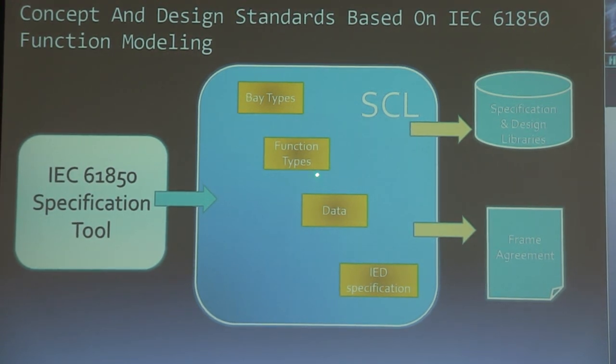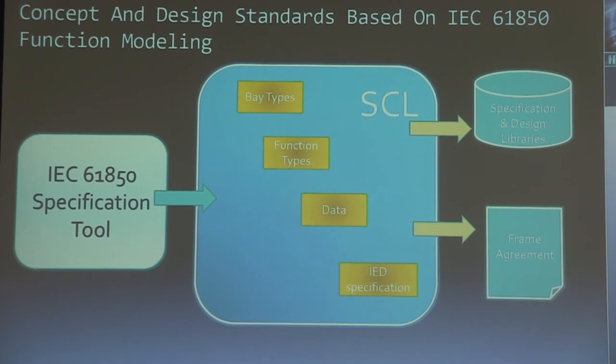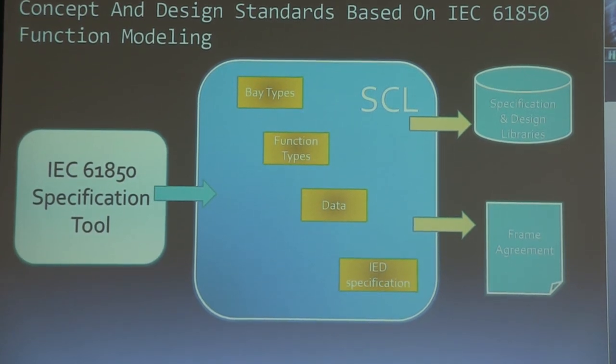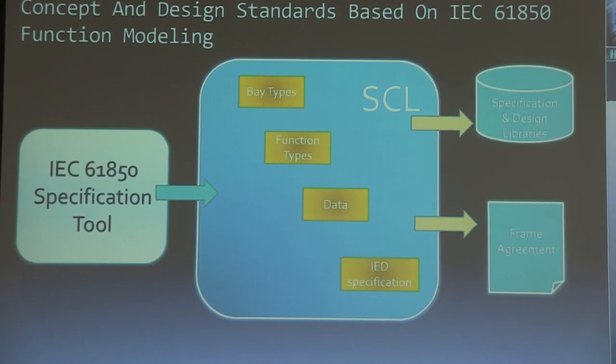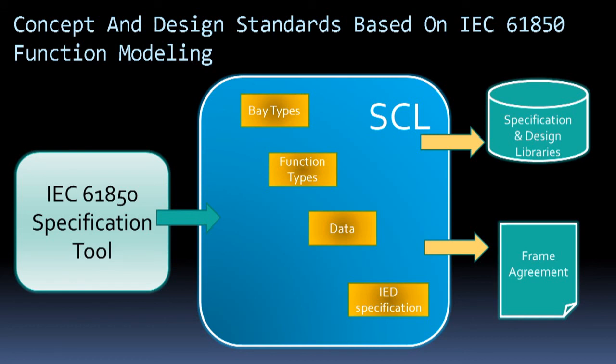And naturally these formal representations will drive the negotiations with the suppliers when it comes to the frame agreement. So now we are away from fuzzy Word Excel based specification and documents, and we arrived at some formal representation here. So this was the part of the standardization work.